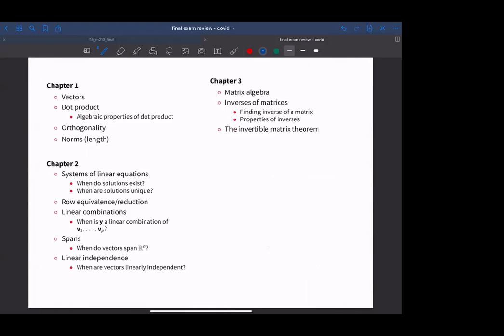We learned about the invertible matrix theorem. And remember, this is the theorem that shows up in a bunch of different parts. And these parts are essentially all telling you about ways in which you can determine whether a matrix is invertible or not. So if you have a square matrix, one way you can tell if it's invertible is whether it has 0 as an eigenvalue, or whether the null space is equal to just the 0 vector, or whether the columns are linearly independent, or whether the rows span Rn.